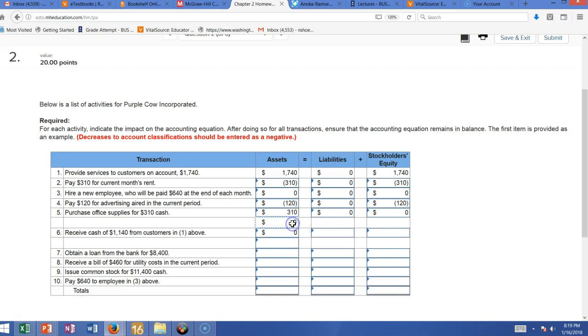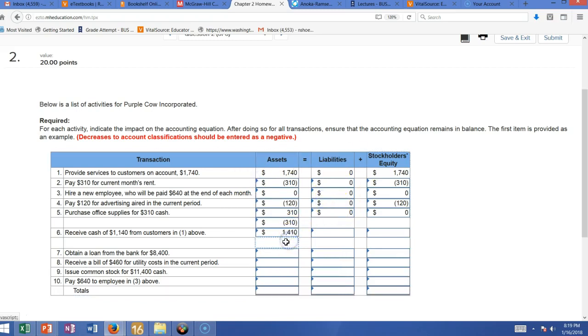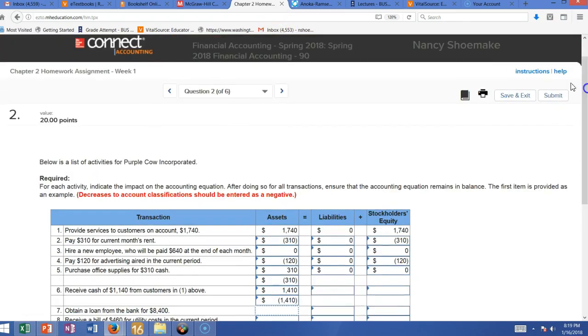So you get what I'm saying. So receive cash from customers and one above. So cash goes up 1410. Accounts receivable then goes down. Get it? Okay. Next.